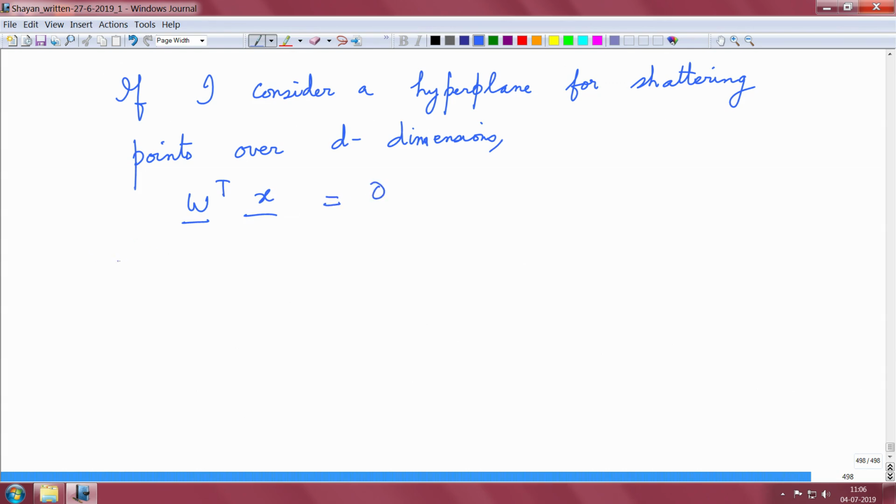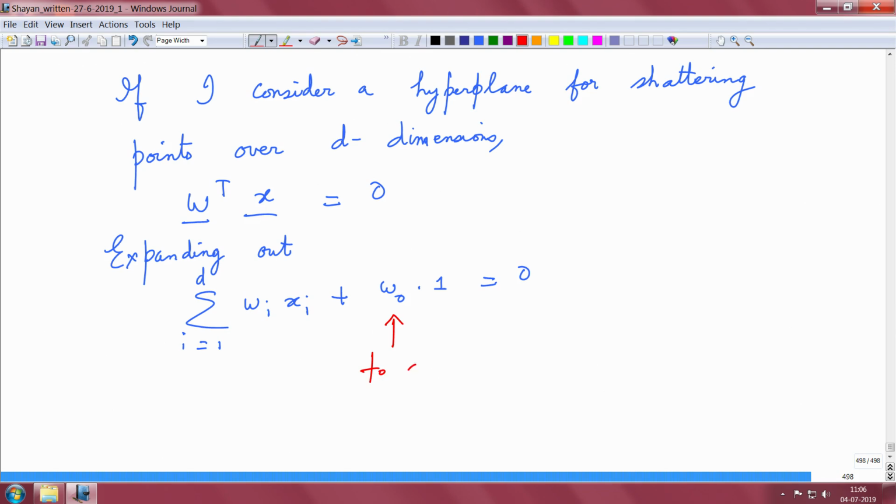So, if I expand out, I have summation i equals 1 to d of W_i x_i plus W naught times 1 equals 0, and this is to accommodate bias.